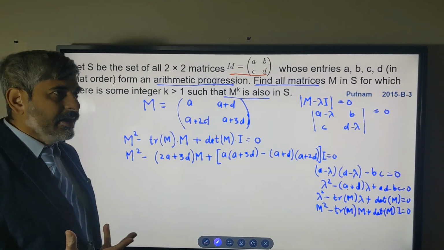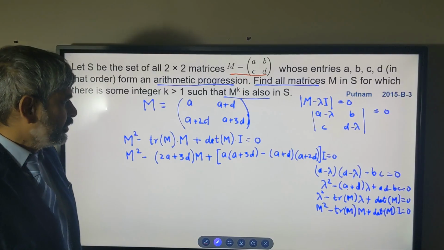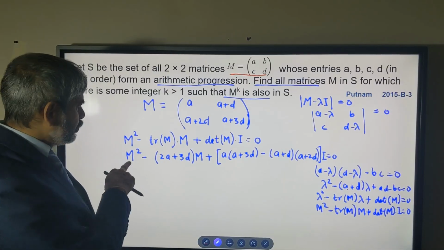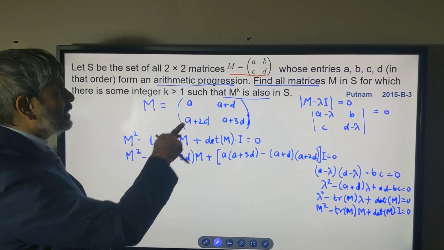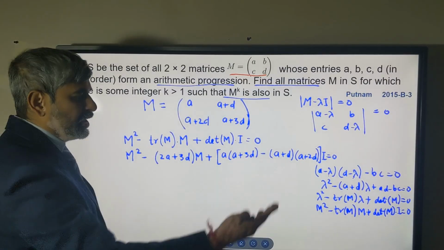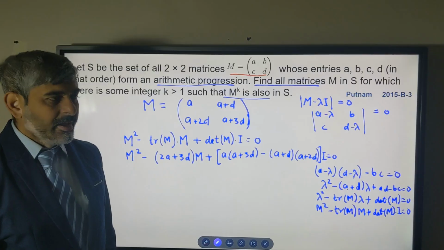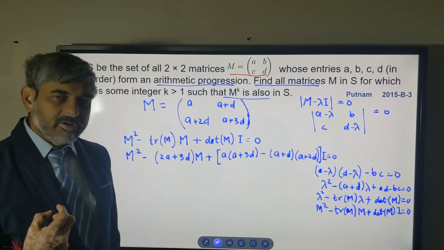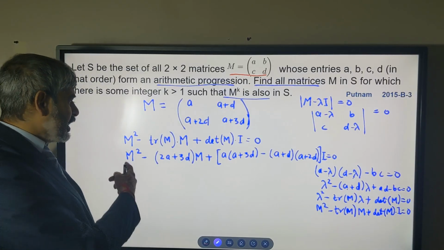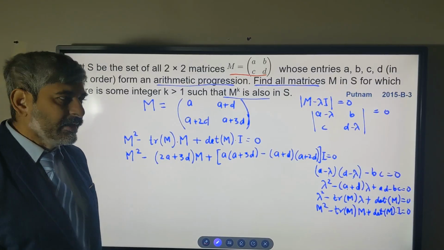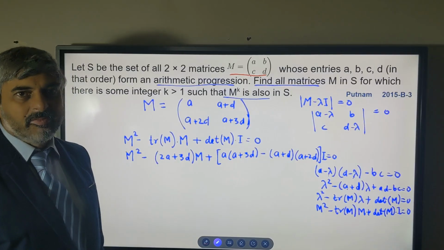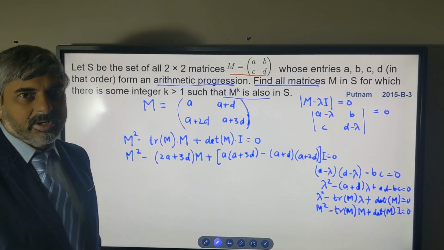The key idea for doing this is to see how we can express the higher powers of M in terms of the lower powers of M, and then investigate how M is going to look. Does M square form an AP? If so, under what condition?